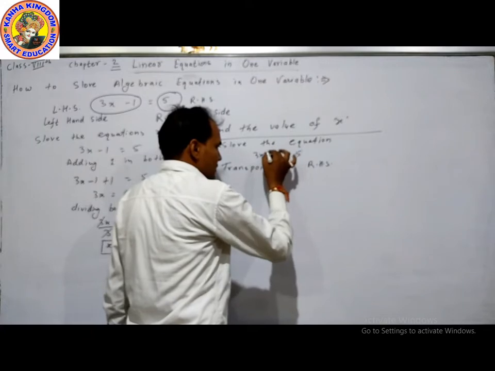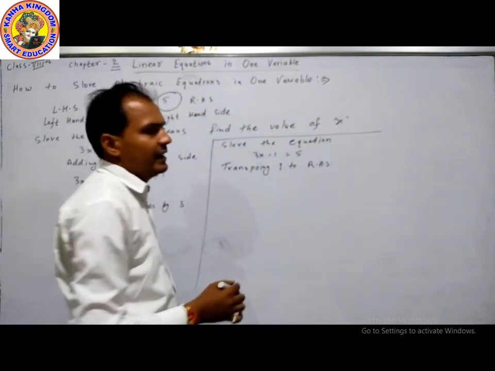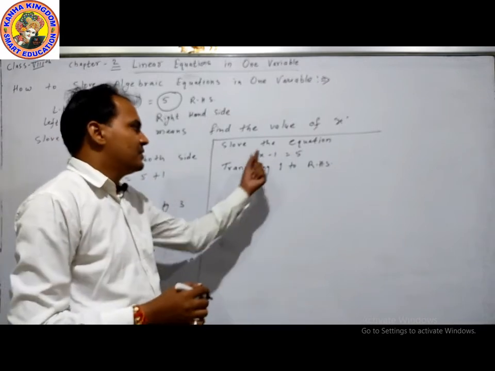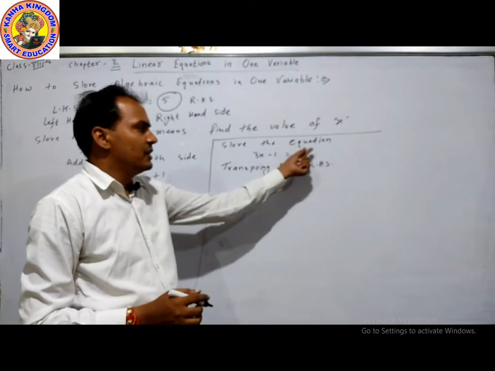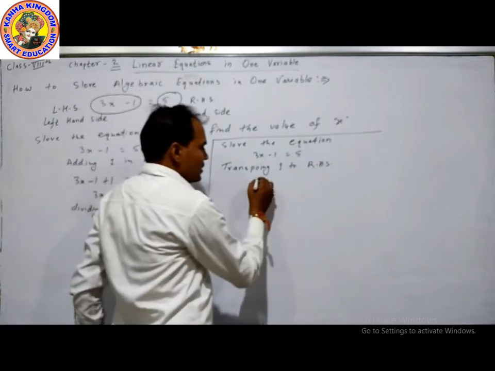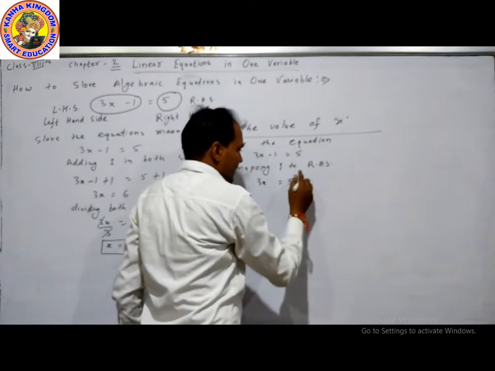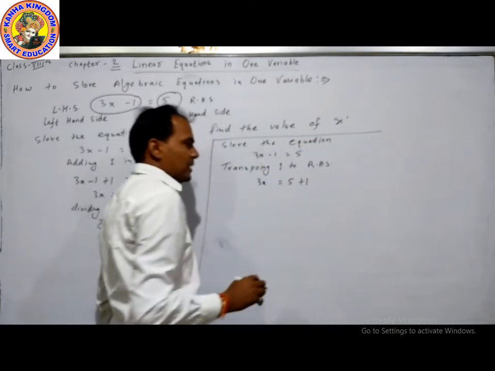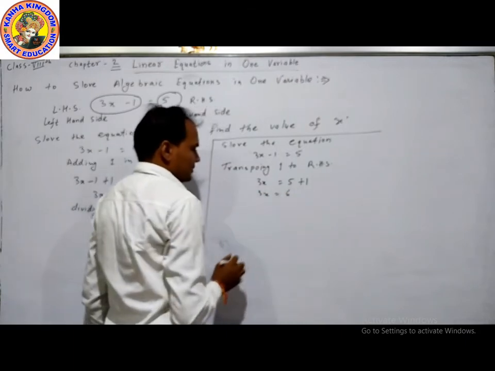Here is minus 1. When it goes another side, its sign will be changed. Minus 1 when go to right hand side, transposing is plus 1. 3x is equal to 5, minus 1 goes to right hand side, this is plus 1. Then 3x is equal to 6.